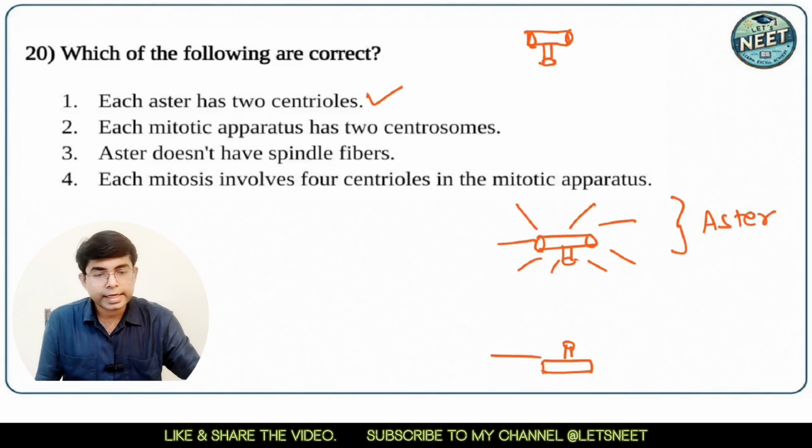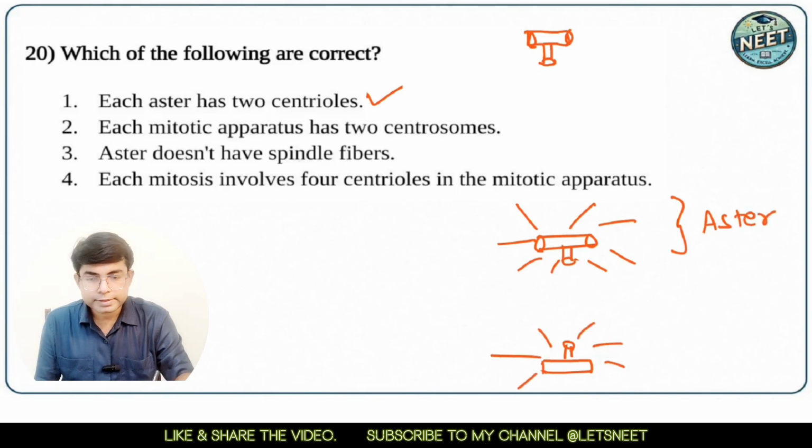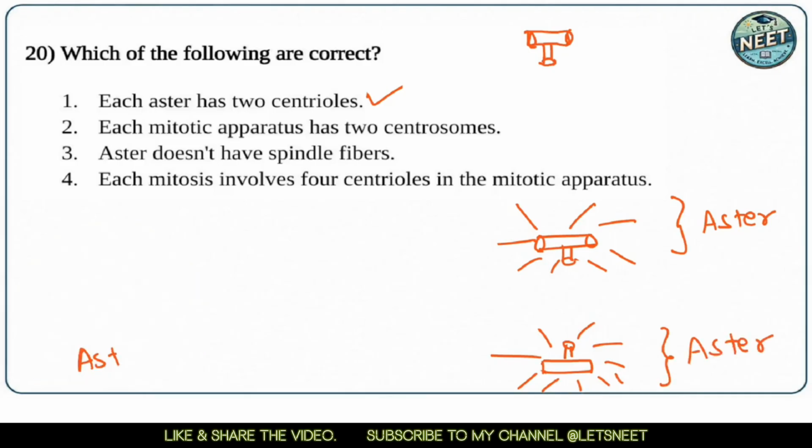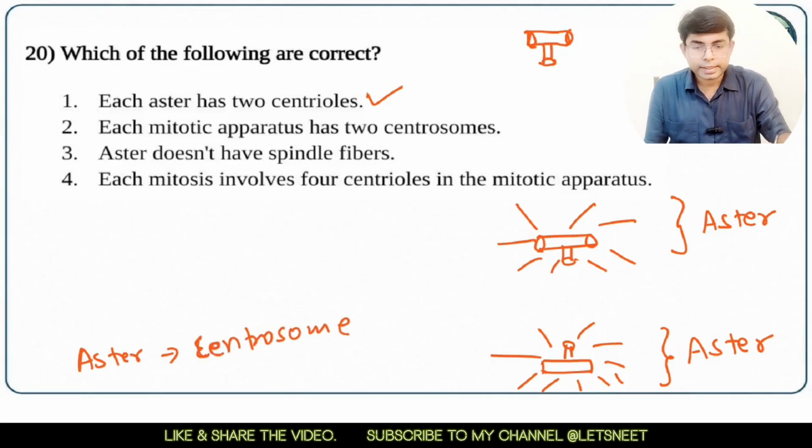So you can clearly say that aster is centrosome plus radiating microtubules, right?